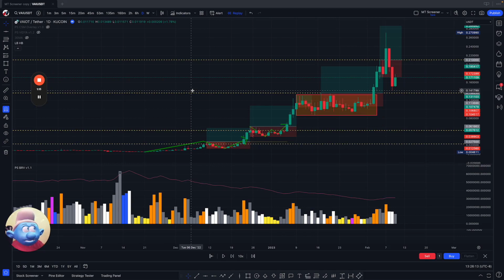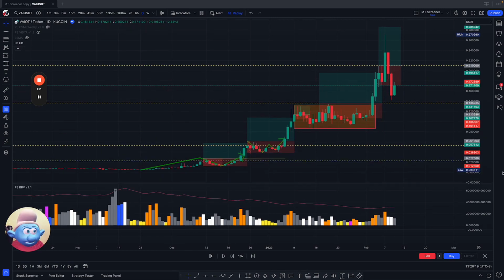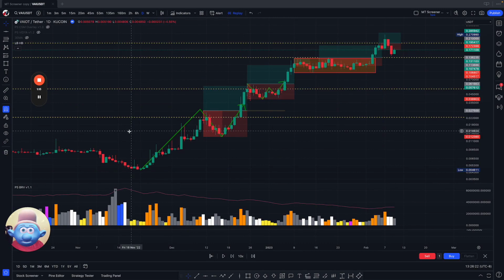The theory that we're trying to play on when we are picking these, let me change this to a log scale real quick on the price chart so it looks a little bit better. The theory we're trying to play into in the market is what's sometimes referred to as a supply shock.